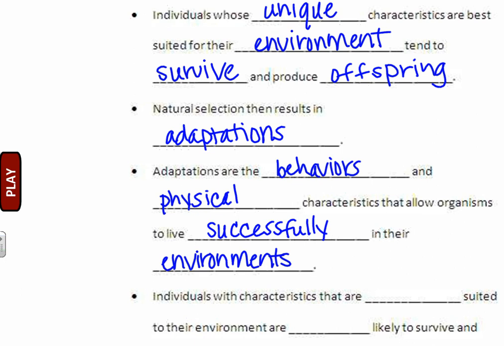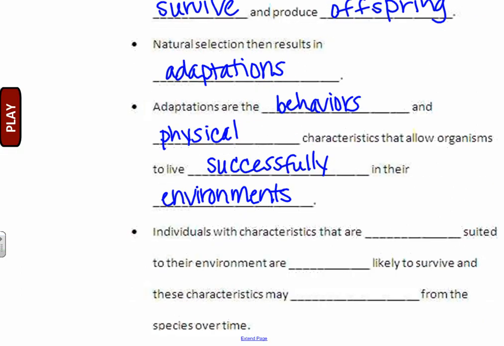And in nature, if you don't adapt behaviorally or physically so you can live successfully in your environment, then those individuals with poorly suited characteristics are less likely to survive, and these characteristics may then disappear from the species over time, because they're not living long enough to produce offspring.